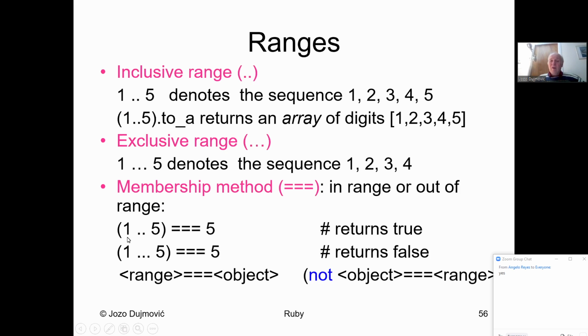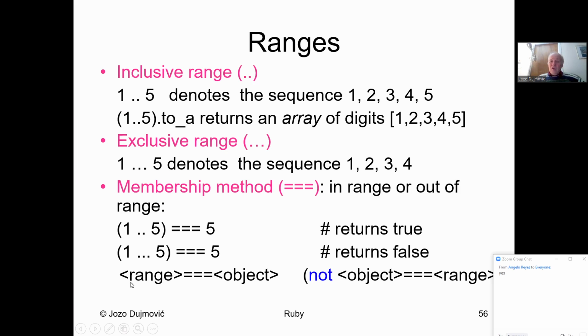So if you say, I have here this object, which is a range from 1 through 5, and then whether 5 belongs to that object, this returns true. But if you say 1, 2, 3, 4 is the range, then 5 is not belonging to that range and returns false.